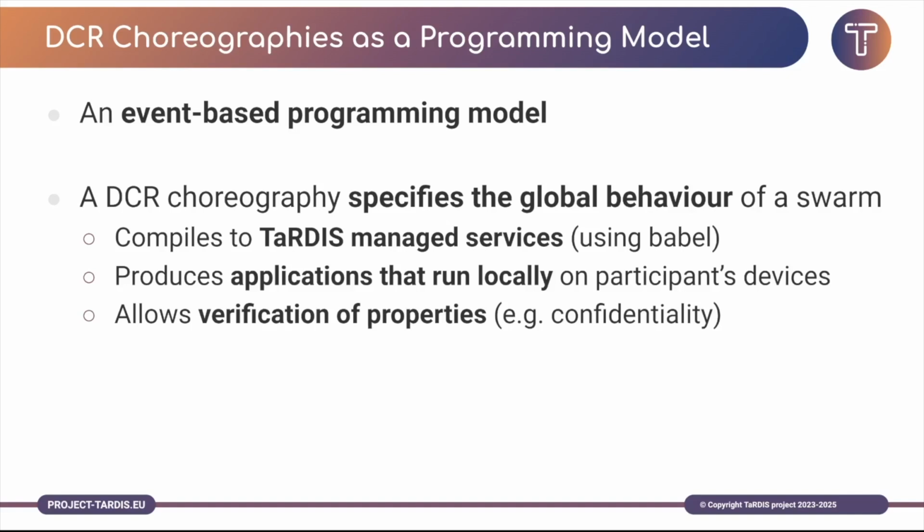The main idea is to use a DCR choreography to specify the global behavior of a swarm and, by means of a compiler, generate code to execute in the participants' devices and execute their local behavior. DCR choreographies are also amenable to verification of properties like confidentiality.